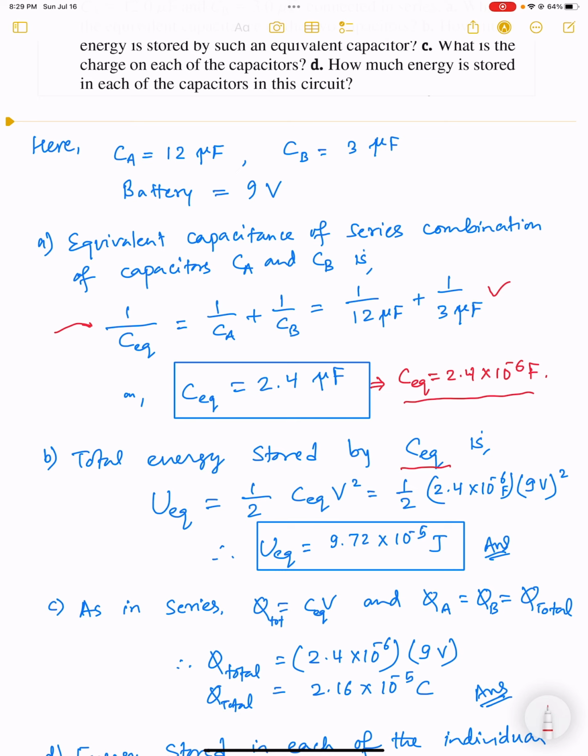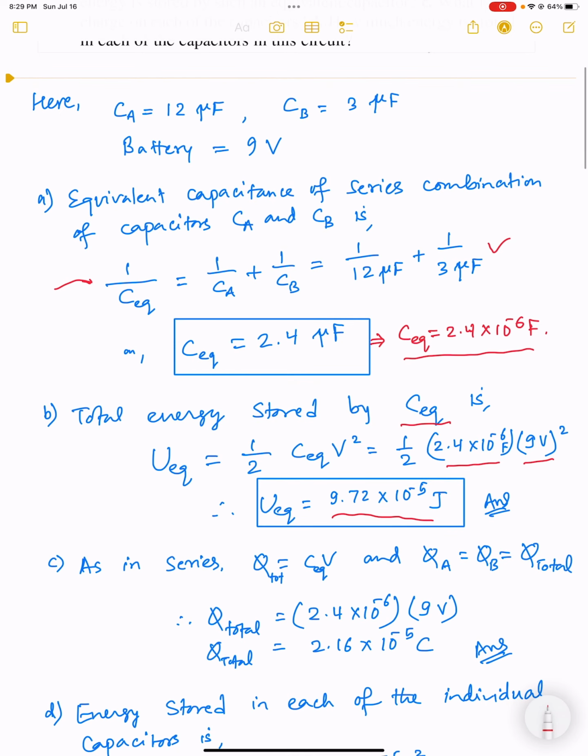So we have this amount of equivalent capacitance, and this is the battery supply, and it will be this, which is the required amount of energy stored by the equivalent capacitor. So this completes part B.